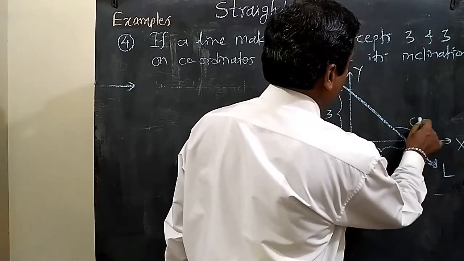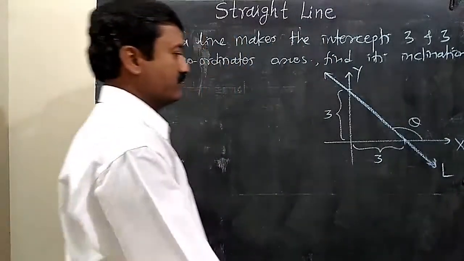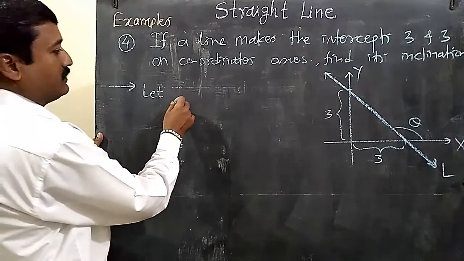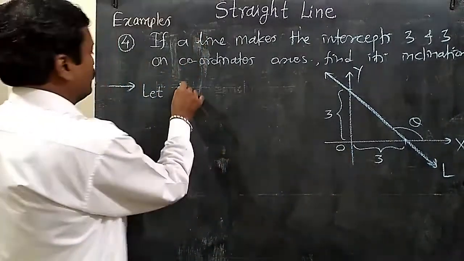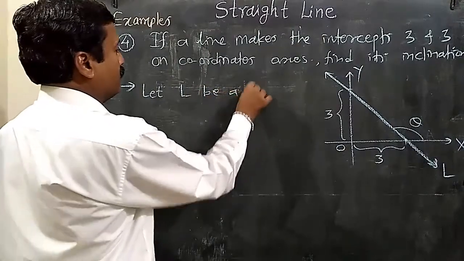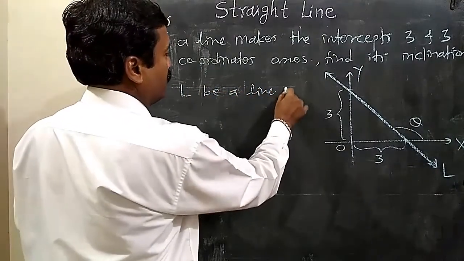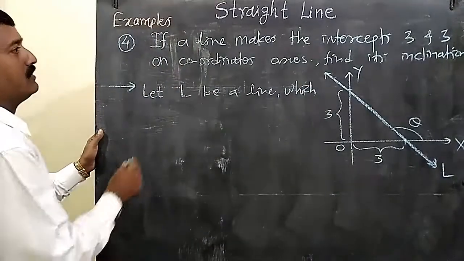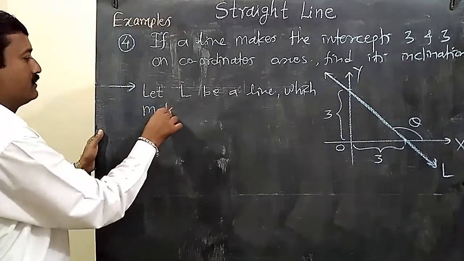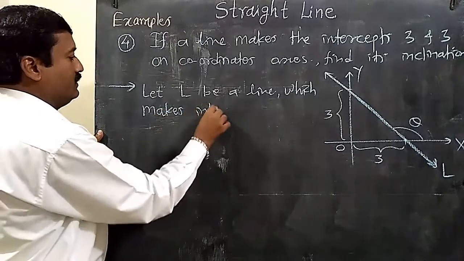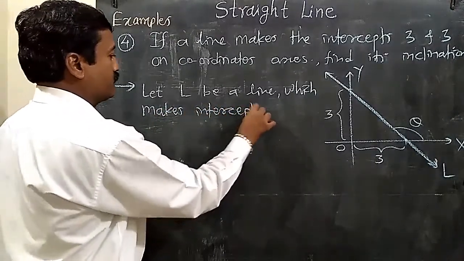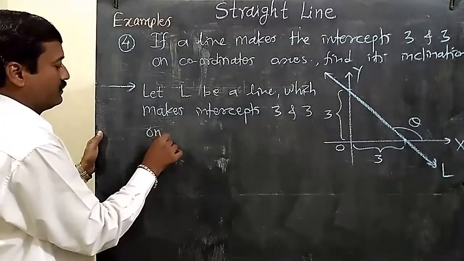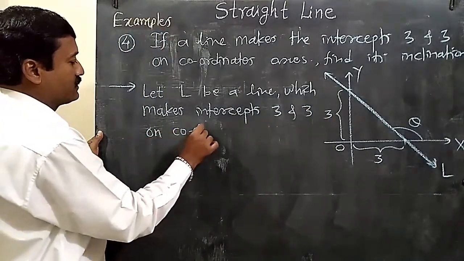Consider the inclination of this line will be theta. Let L be a line which makes intercepts 3 and 3 on coordinate axis.